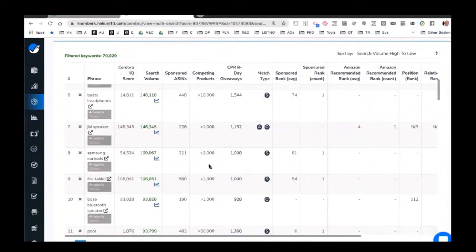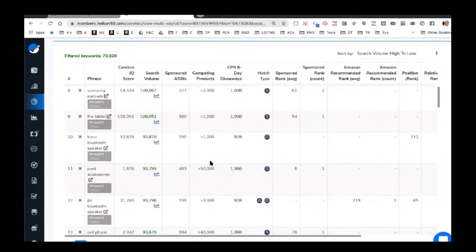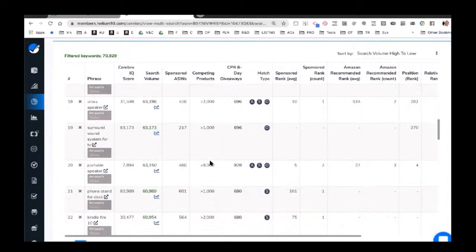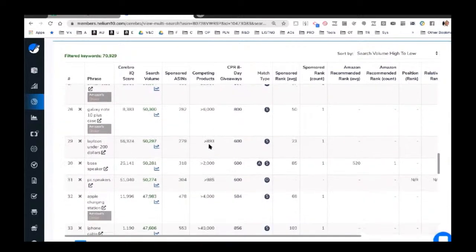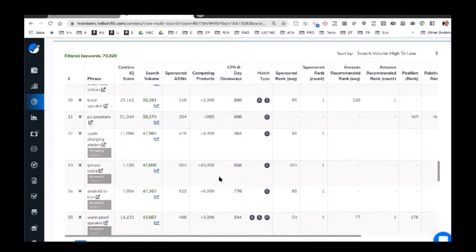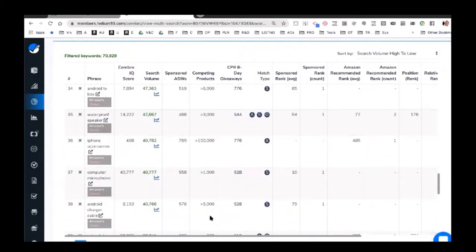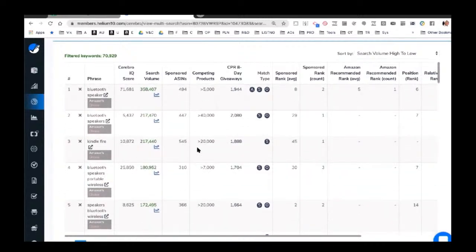Now if you scroll down, you can find competing products a little bit less, around 1,000. And I'm pretty sure you can find keywords which are already less than 1,000 here, right? And stuff like that. But basically, you are able to choose the amount on which game you're going to play.